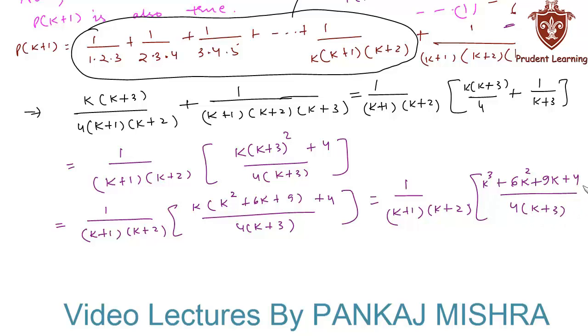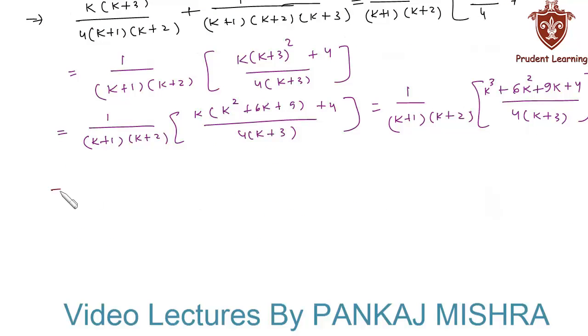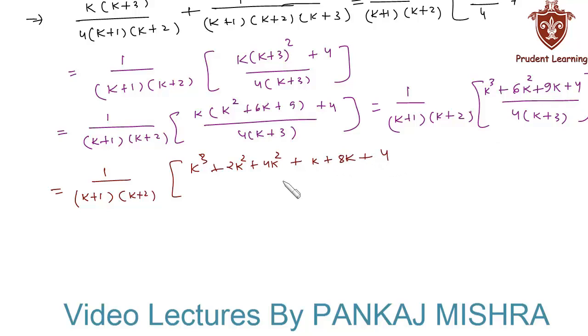This is further equal to 1 upon k plus 1 into k plus 2 into k cube plus 6k square can be written as 2k square plus 4k square, and 9k can be written as k plus 8k, and keeping 4 as such, whole upon 4 times of k plus 3.